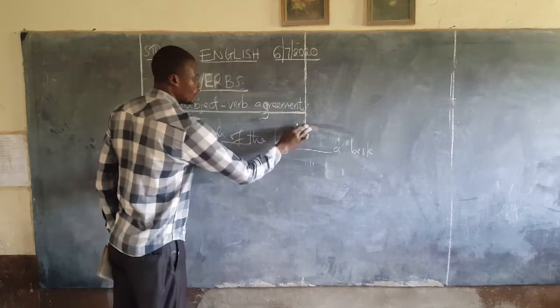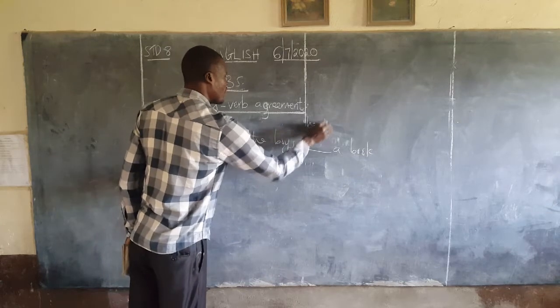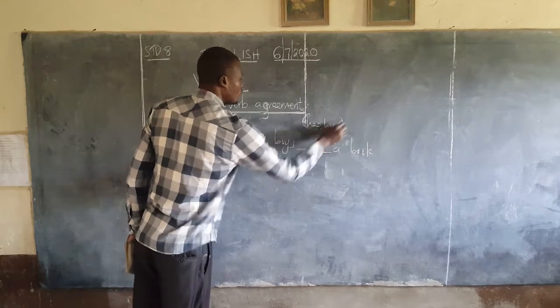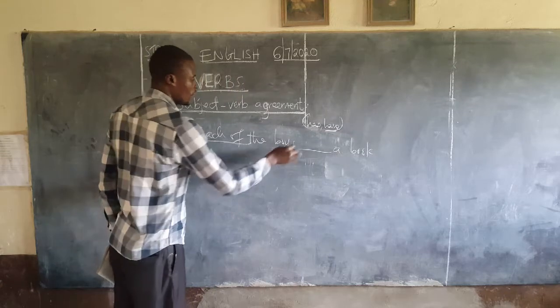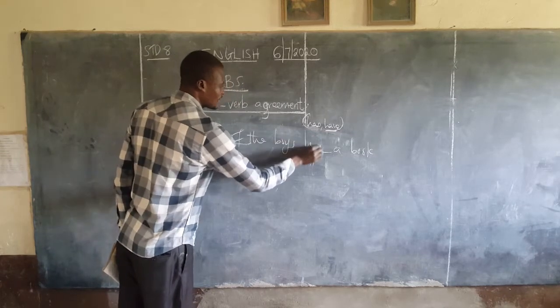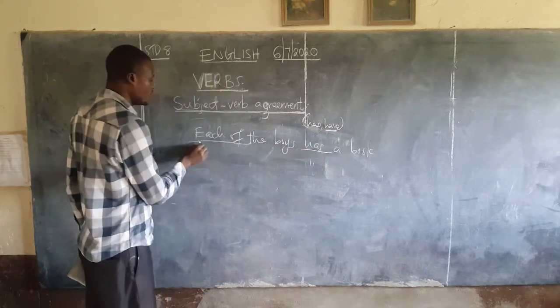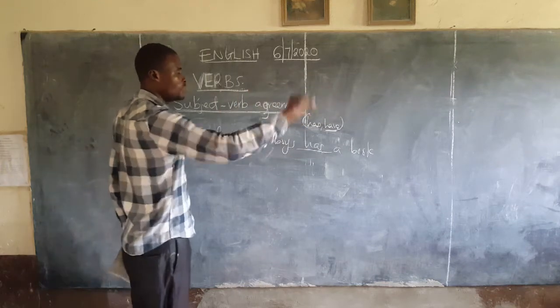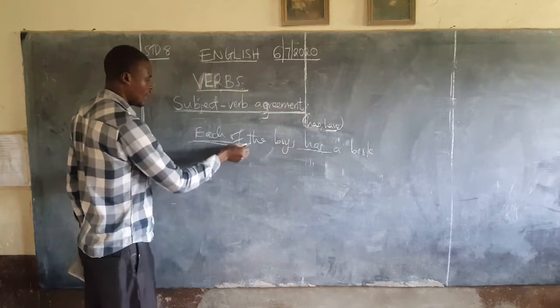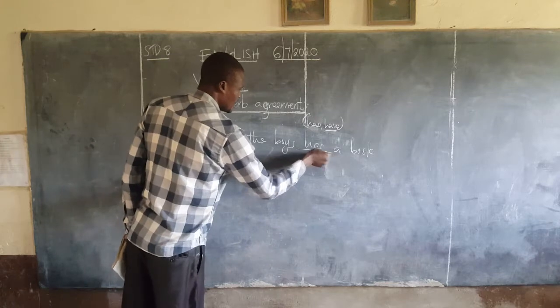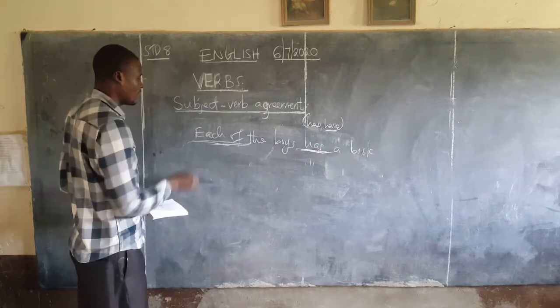So each of them, we say each of them has a book, or each of them have. Many of you will come and take have, that is wrong. Each of the boys has. Because we treat them individually, there are many, but each of them has a book. So has here, we take the singular verb in that level.